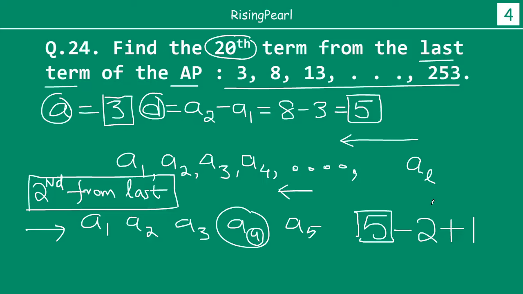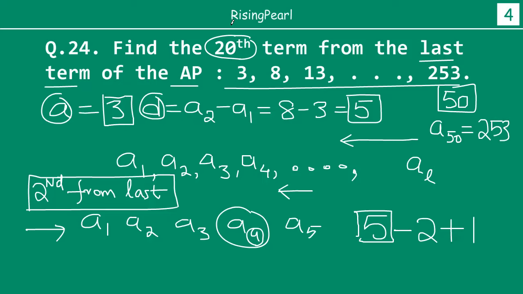In other words, the way we are going to solve this question is we are going to find the total number of terms. Let's say there are 50 terms total. In other words, A50, let us assume A50 is 253.